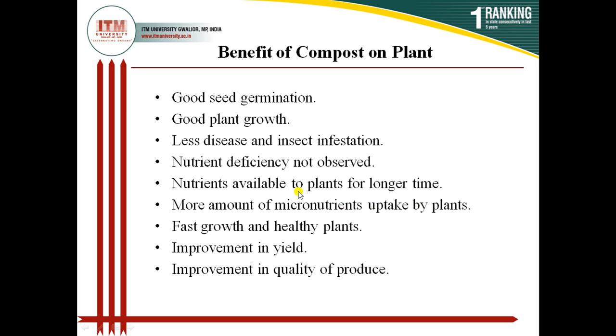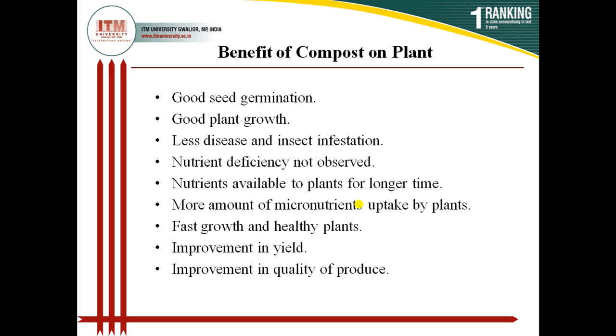So nutrients are available to the plant for a longer time. These are 3 points to think about. First, this compost is a slow releasing nutrient manure. It releases nutrients slowly for a longer time, so there is no chance of deficiency.